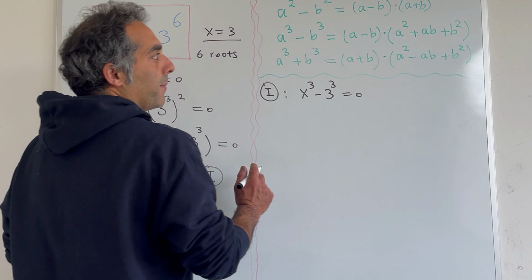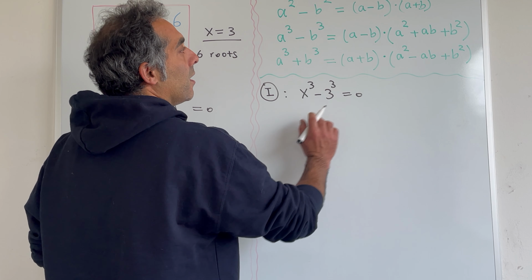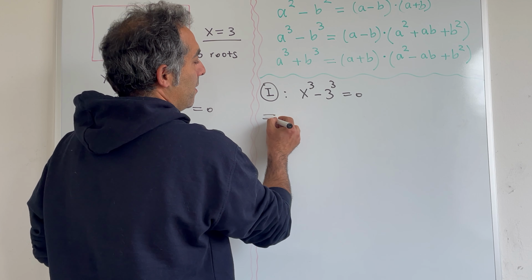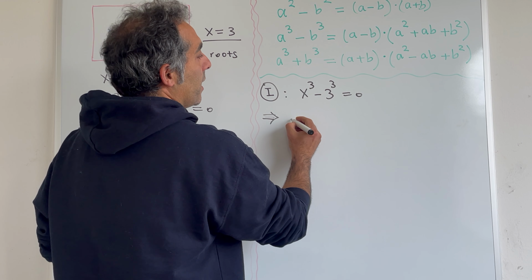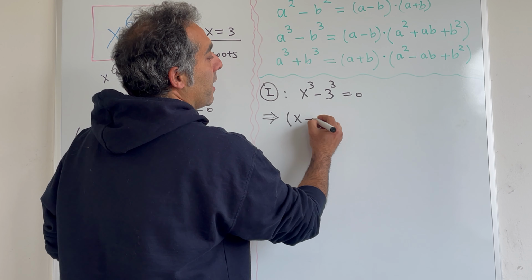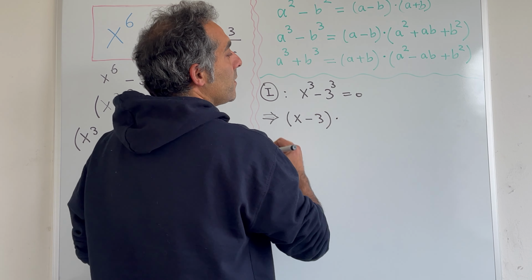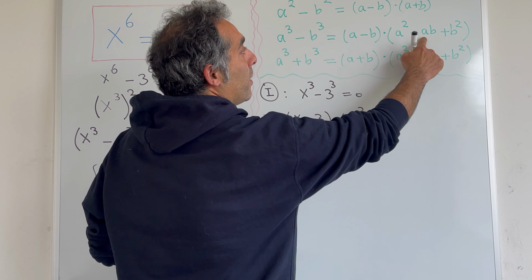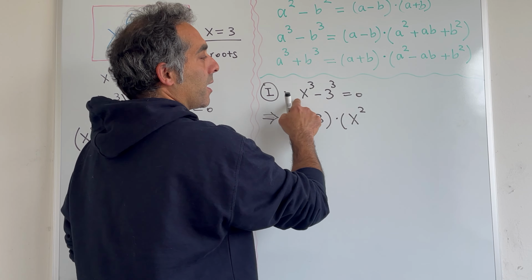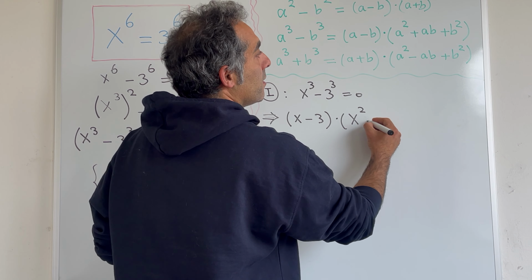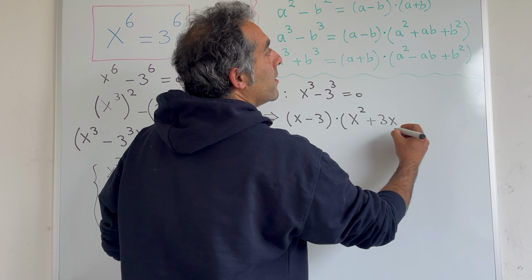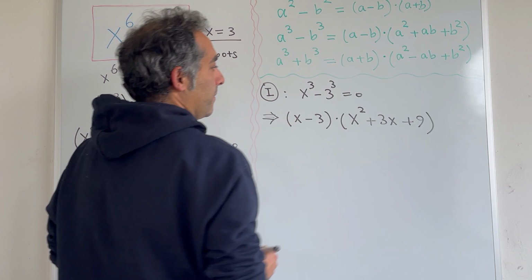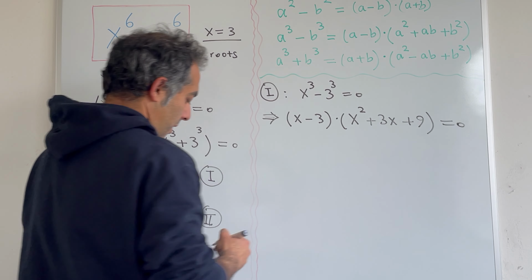We'll come back to this solution. From this one, you can write it like x minus 3 times x squared plus the first one and second one times each other, 3x, plus the second one squared, which is 9, equals 0.